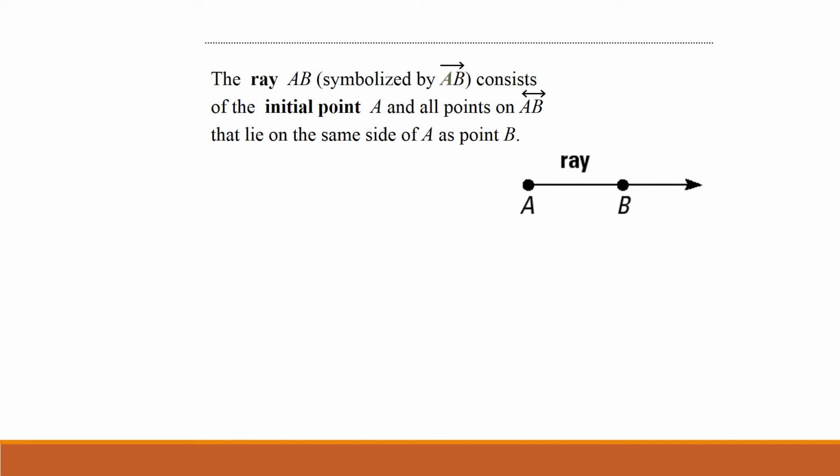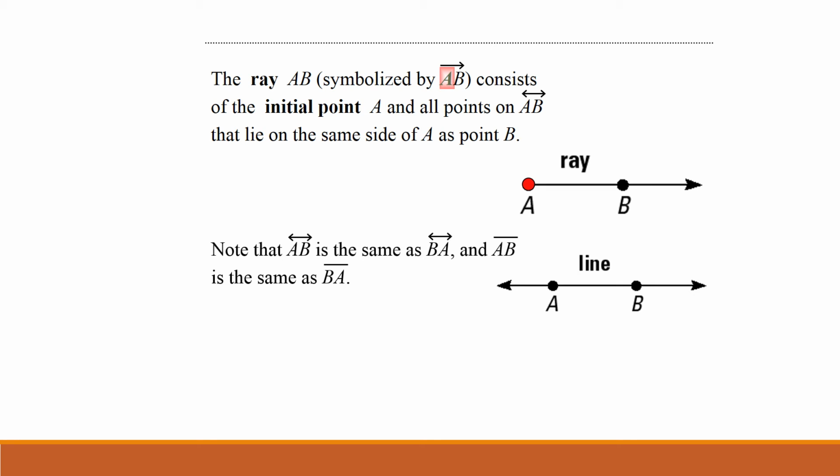You can pick whatever letter you want as long as you start with the initial and pick only one more. Rays are only named by 2 letters also because they're only one-dimensional. So our initial point in this case is A. We start with A when we read it, because it's our endpoint.